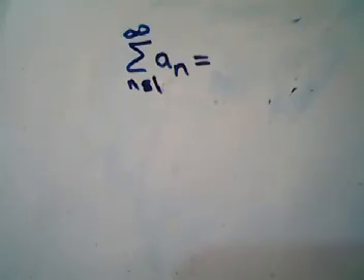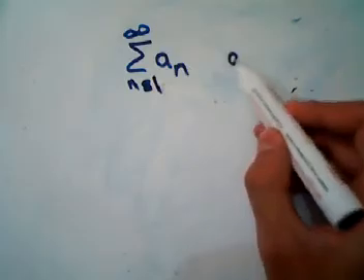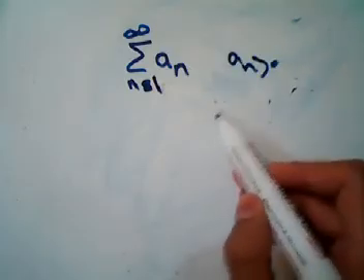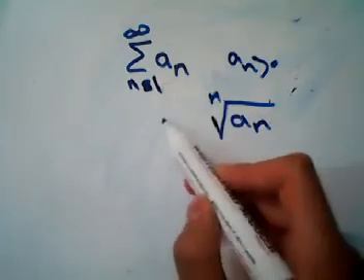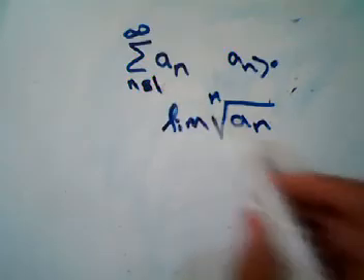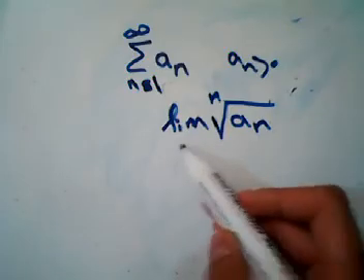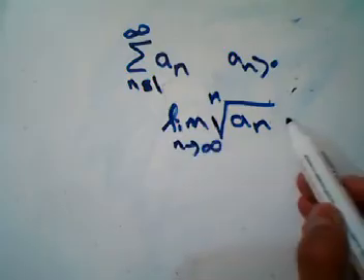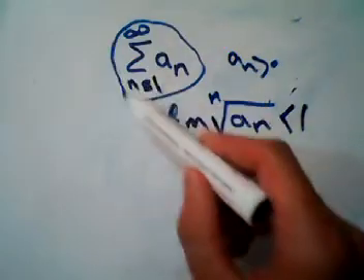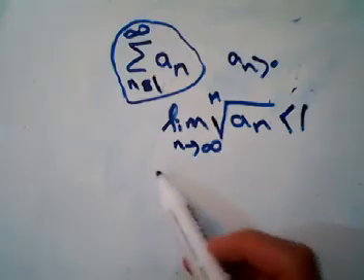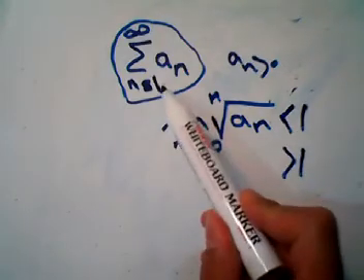Okay, and now the test says that if the an's be positive and the limit of the nth root of an, when n goes to infinity, be smaller than 1, then this series converges, and if this be greater than 1, this would diverge.